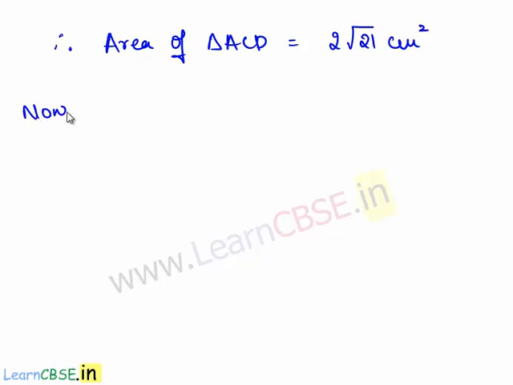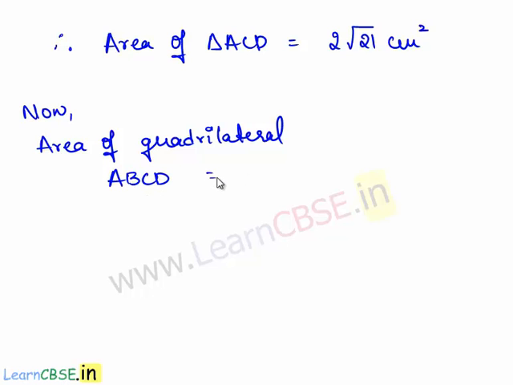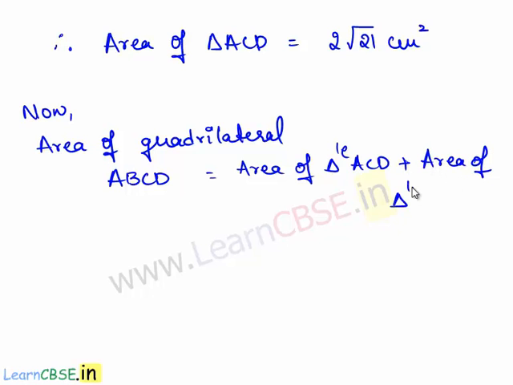Now, area of the quadrilateral ABCD is the sum of area of triangle ACD plus area of triangle ABC, which is equal to 6 centimeter square plus 2 root 21 centimeter square.